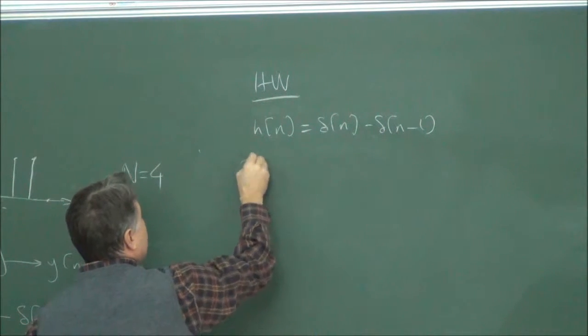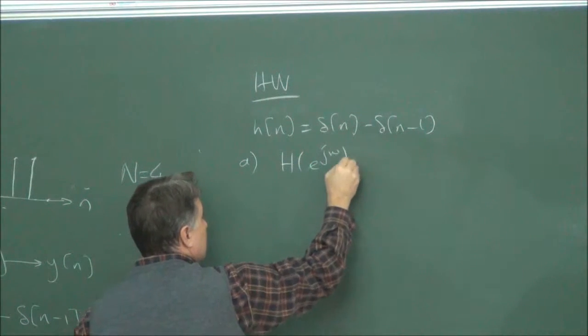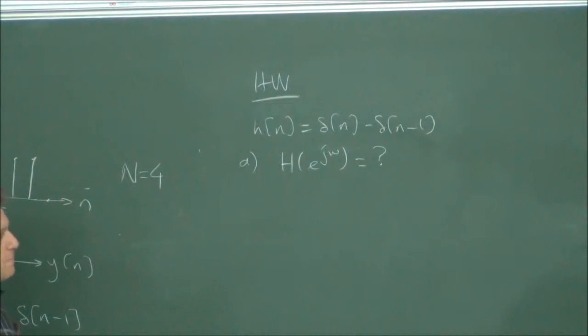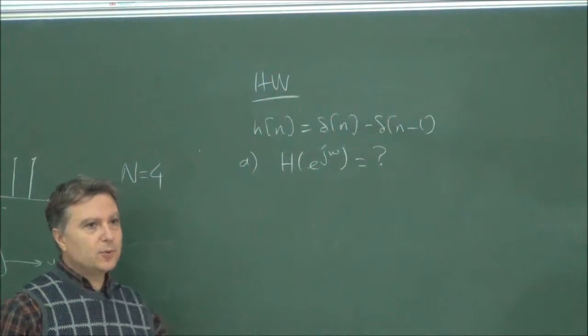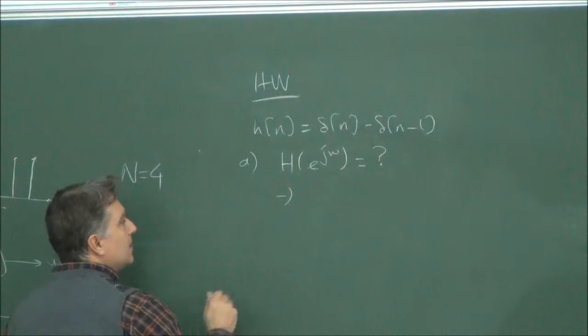So part A of the question, what is H of e to the j omega? Just apply it to the formula and find it, and answer these questions.